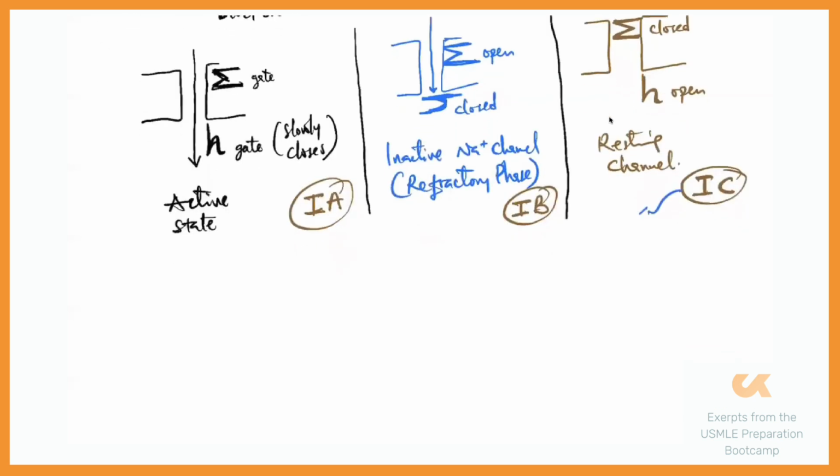You want to remember that class 1C medications bind with the highest, or strongest, affinity. You also want to remember that at about minus 50 millivolts, I think it's the M gate, the M gate closes.